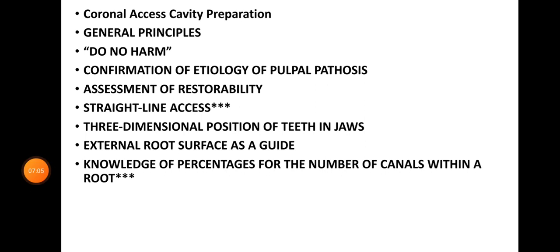Now coming to the general principle of the preparation of coronal and radicular spaces. Number 4 principle is straight line access, which is the most important one. It is well documented that to prepare the apical third of the canal circumferentially, a straight path for the cutting instrument from the orifice to the apex is imperative.